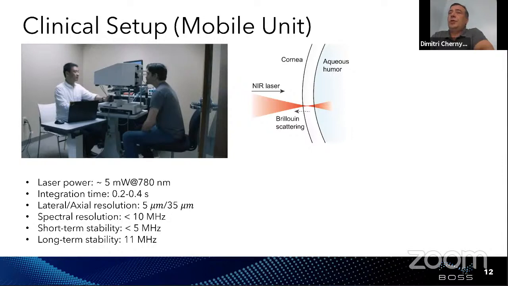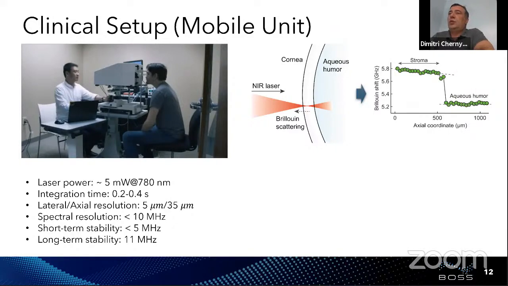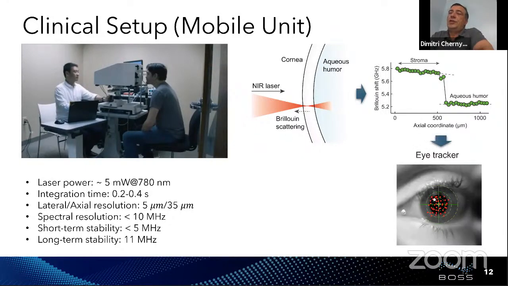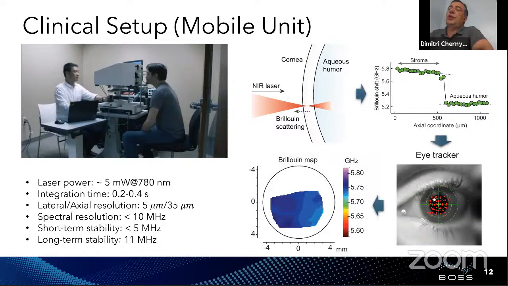So the idea is to use a near-infrared laser to create a focal region inside a tissue from where we collect Brillouin signal, and we can compile the data from an axial scan to understand the Brillouin shift in terms of frequency within the tissue. We use an eye tracker to register the data to a specific location on the eye, and then that allows us to generate maps. So the early system operated in units of frequency, but now we display data in Pascals, which is the true longitudinal elastic modulus.